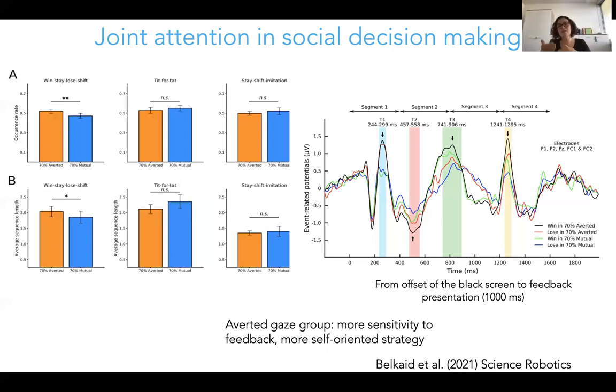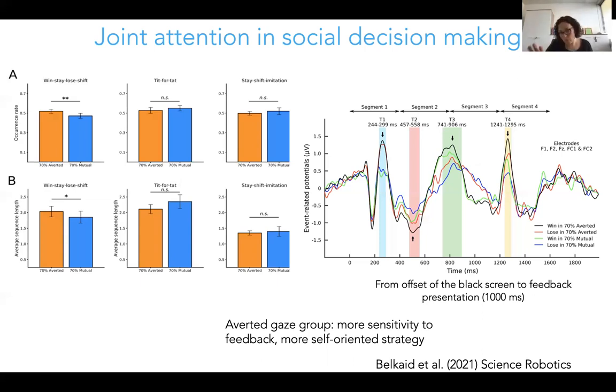So there's not a clear moment where you have feedback. For example, you cannot look at feedback-related ERPs, but we still split this entire segment into subsegments, and you can see that there are very nice ERP effects in our signal.